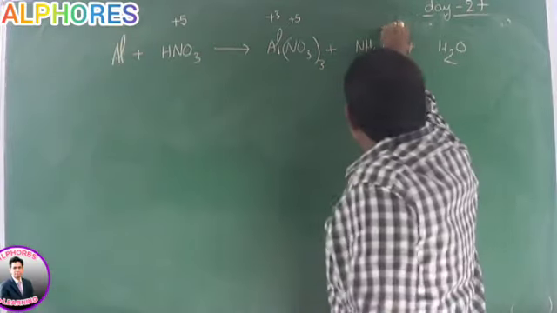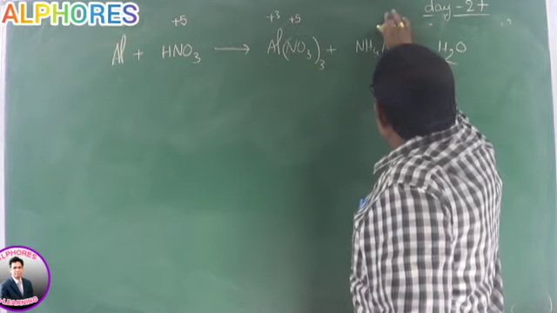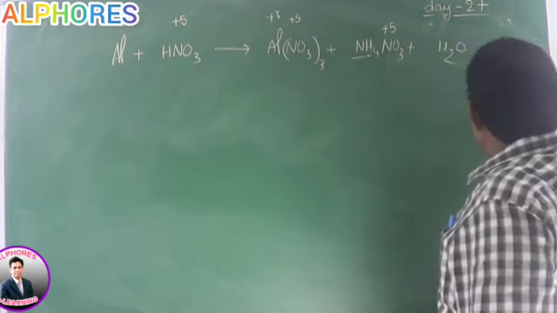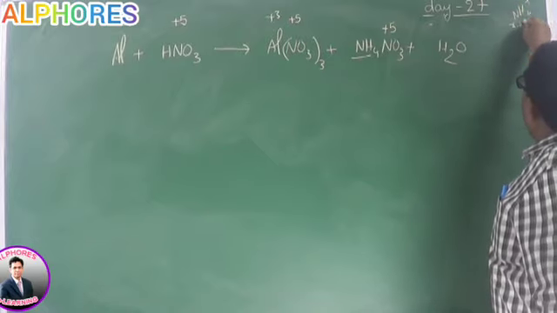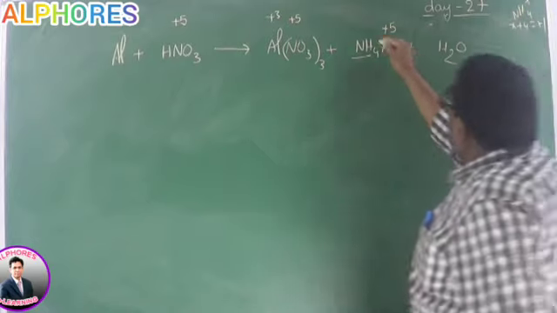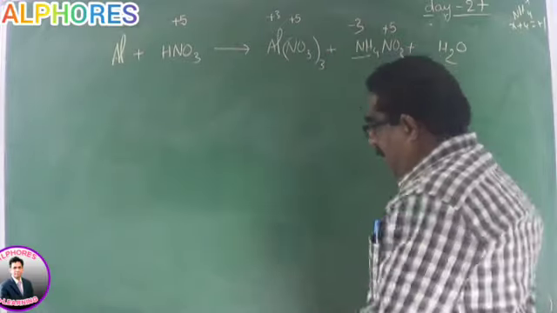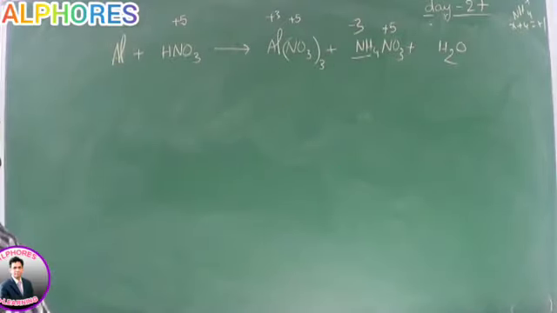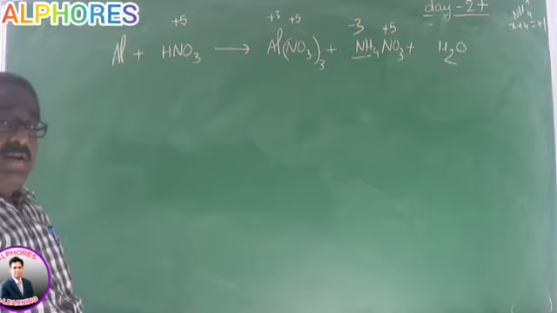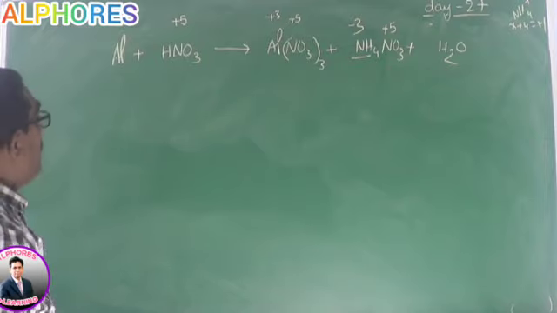Here for this nitrogen also it is +5. For this ammonium ion, x plus 4 equals +1, that is -3. If I ask you to solve this question, what will you do immediately?